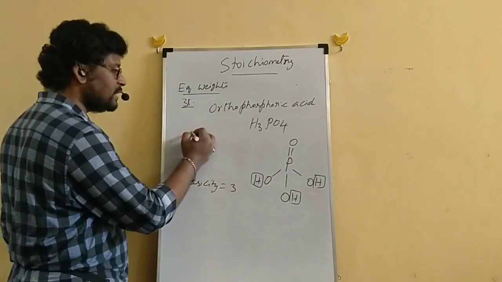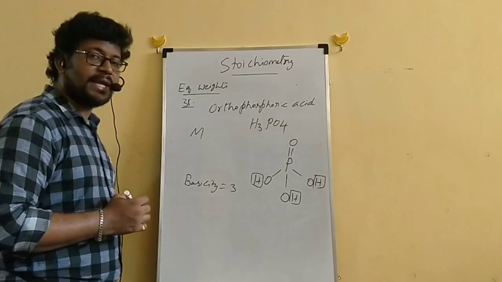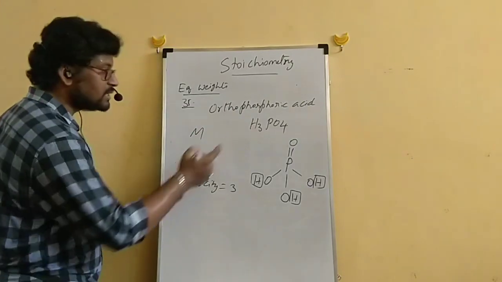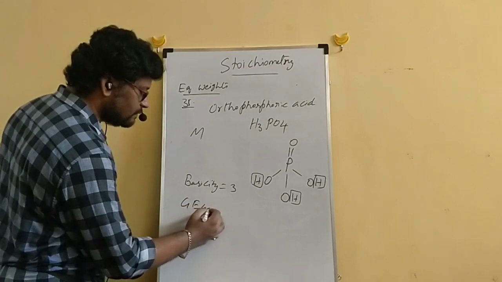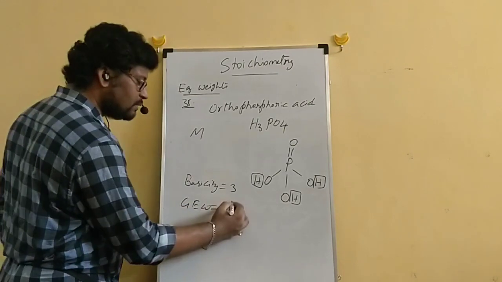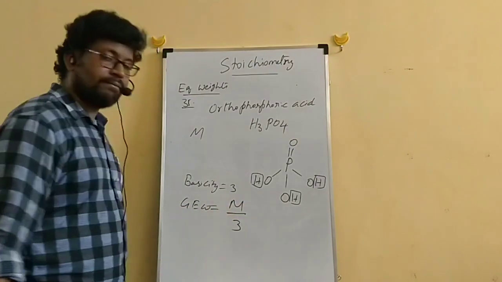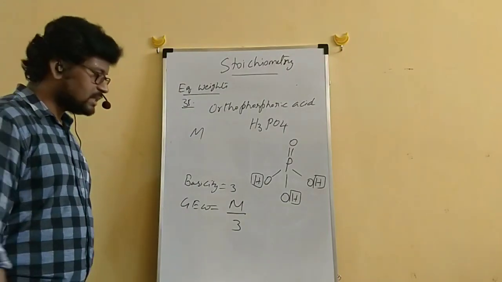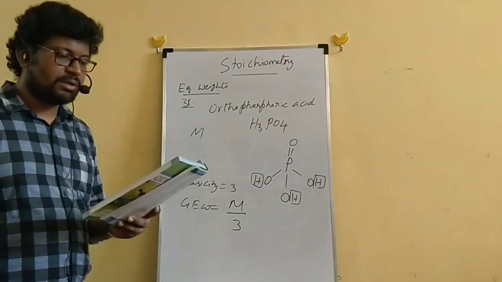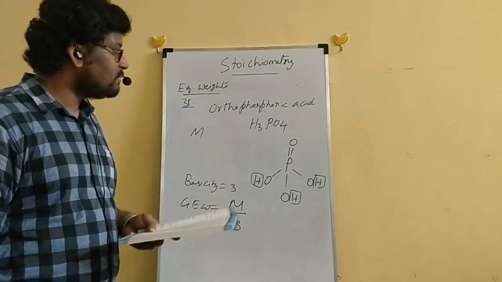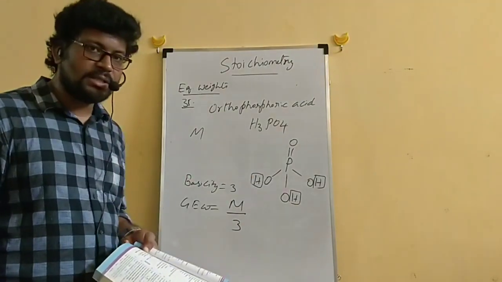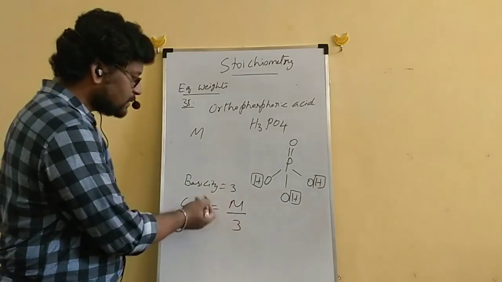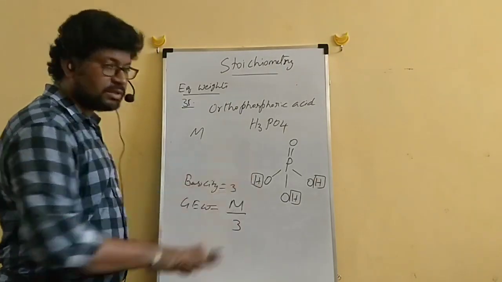They gave molecular weight M. Then the gram equivalent weight of this acid is gram molecular weight M divided by 3. So the answer is M by 3, option 4. H3PO4 has 3 replaceable hydrogens, and 3 replaceable hydrogens means basicity 3. According to that we calculate.